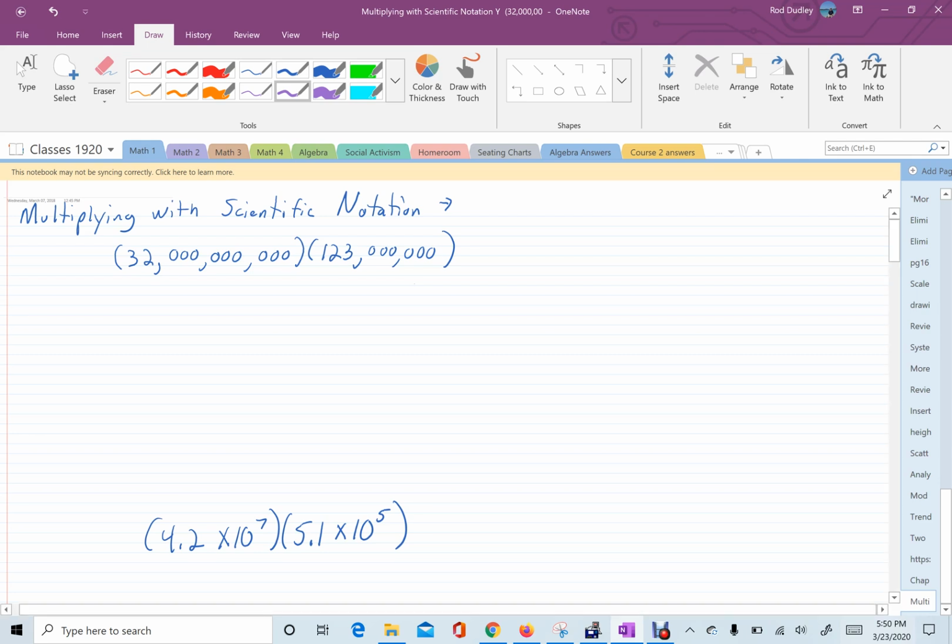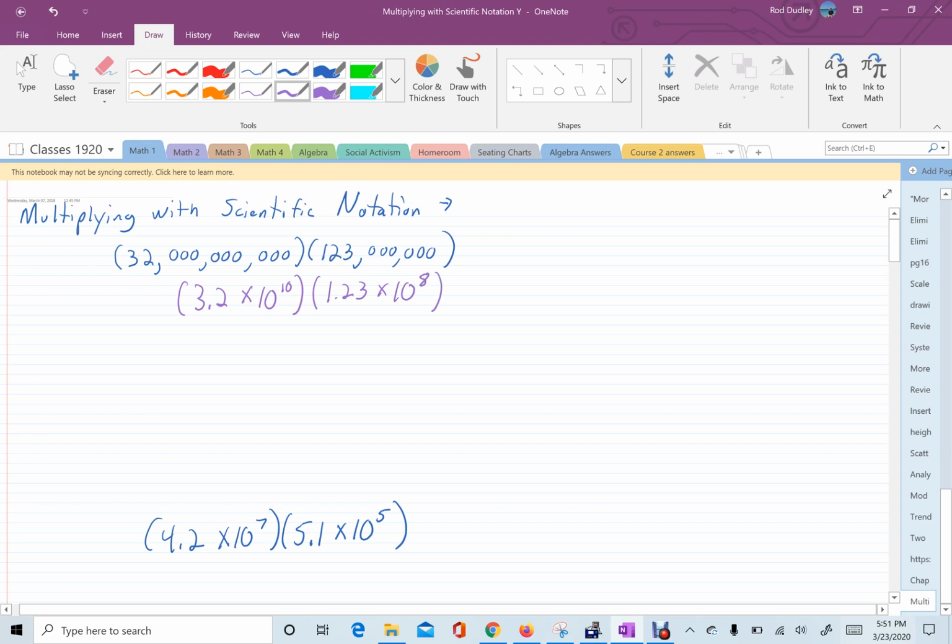So 32 billion is 3.2 times 10 to the 10th power. I had to move my decimal 10 places to get it between the 3 and the 2. And 123 million is 1.23 times 10 to the 8th power. Okay?